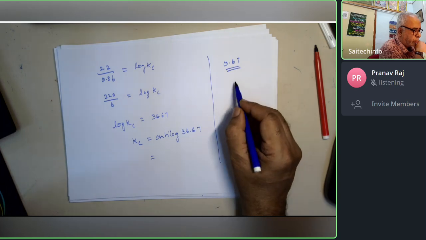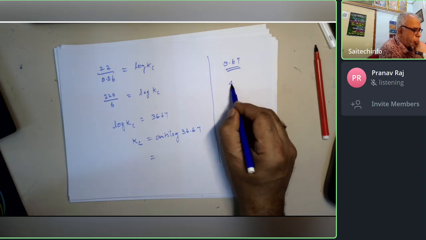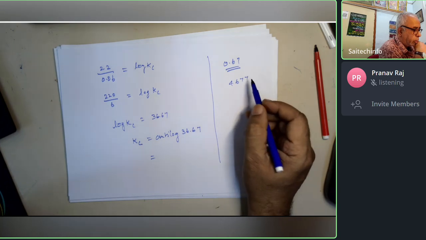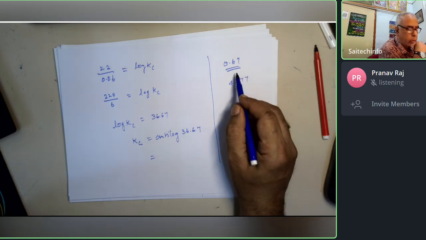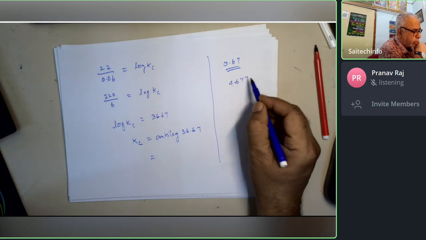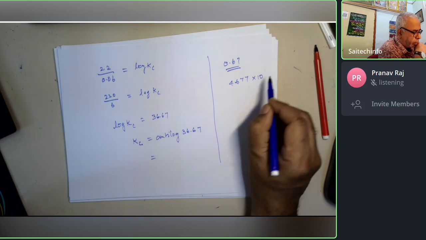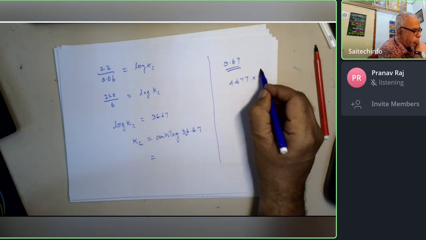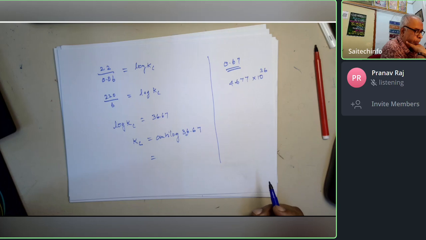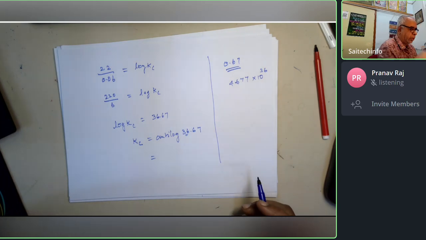Anti-log, not log, anti-log. 4677, is it not? So this is 4.67 into 10 power, and whatever the value you have, it should be written here, power 36. So 4.67 into 10 power 36.